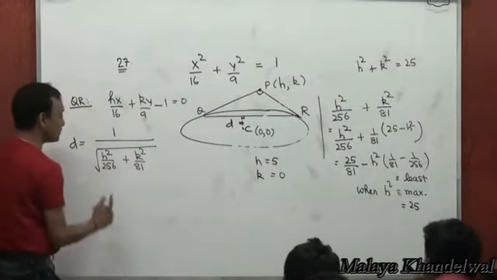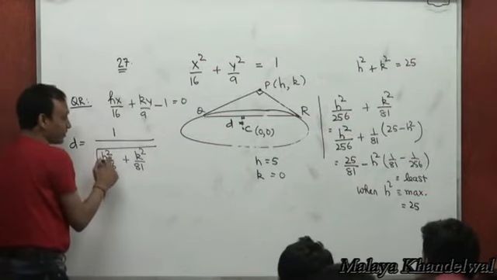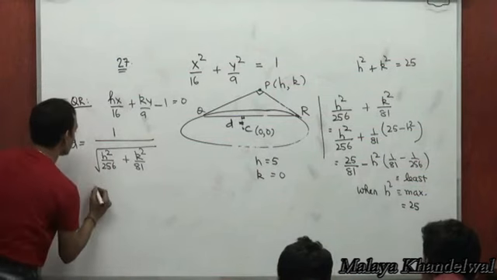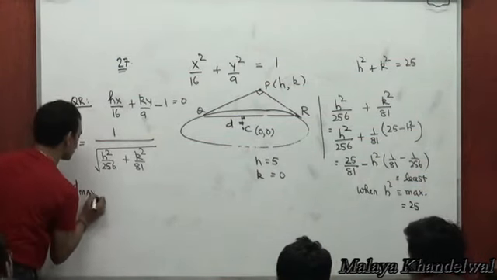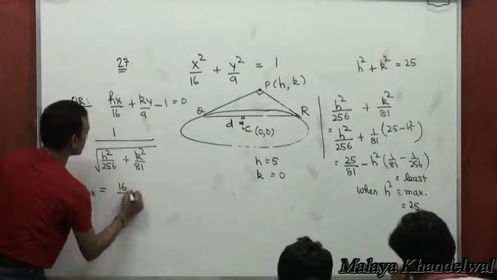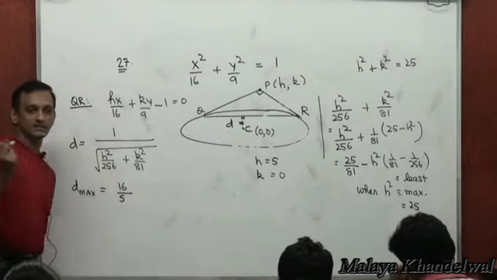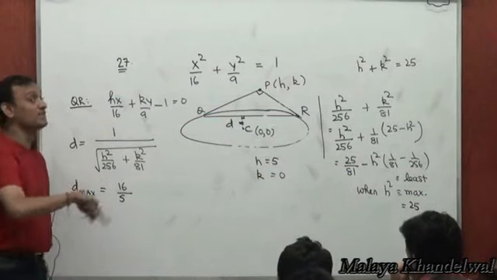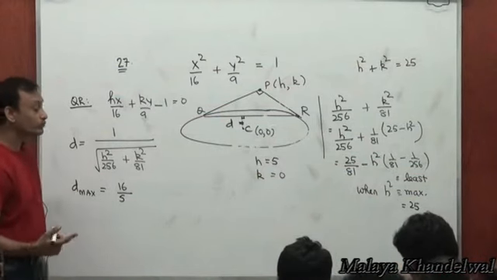So d max will be obtained for h equal to 5 and k equal to 0. If you did that, then d max is 16 by 5. It could also have been for h equal to minus 5 and k equal to 0.